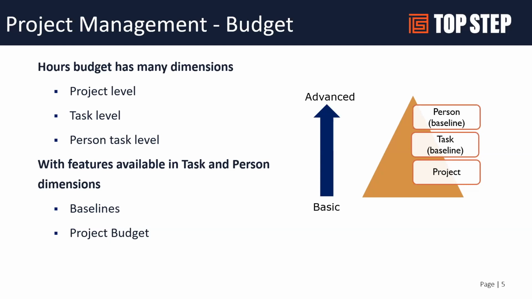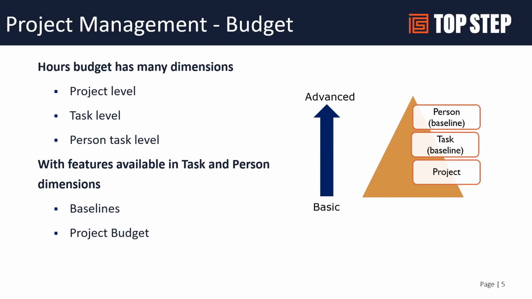In conjunction with budgeting hours, there are a couple of other elements that we'll talk about. Baselines: being able to capture those budgets at the start of the project and refer back to them. A baseline for the planned hours, or a baseline for the assigned hours per resource, is capturable using a baseline feature, and that could be very valuable as you navigate your project.